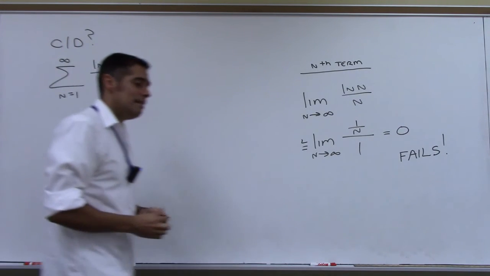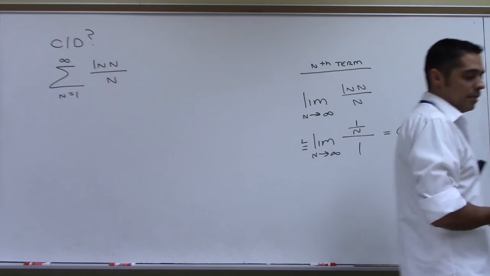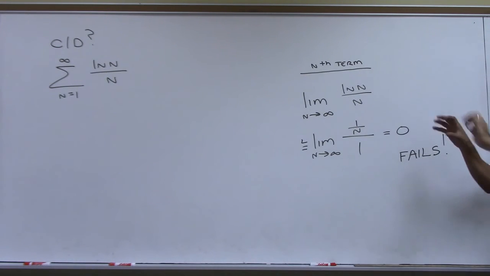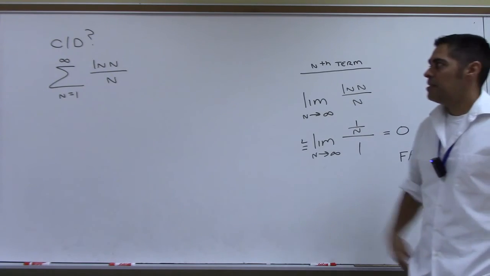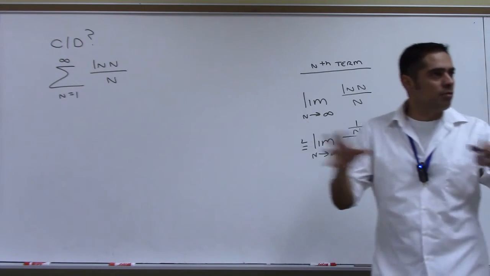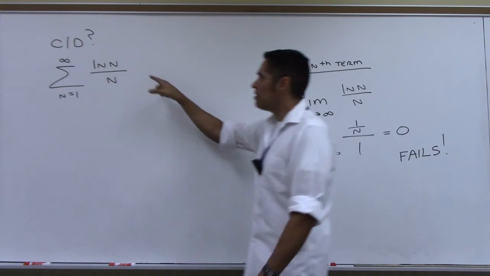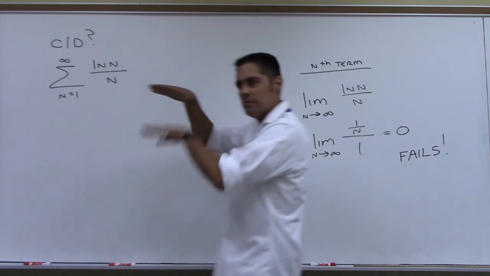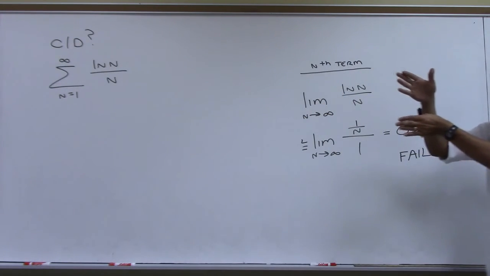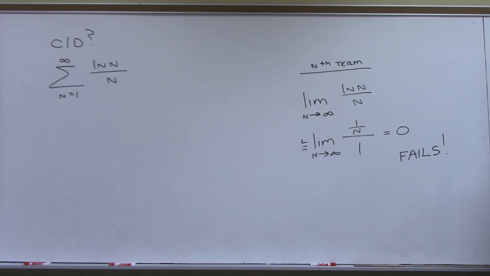Is it telescoping? Is there a way you could split it up so that you could get subtraction in there? No, because that natural log, you can't split it into two logs, because you would have to have division inside of the log. This is a log separated from something else, right? What else do we have?